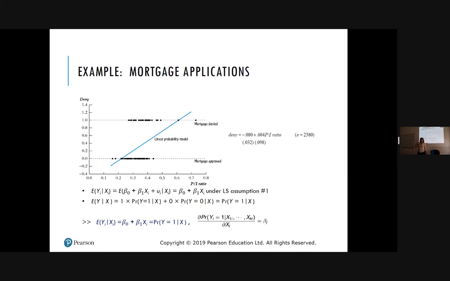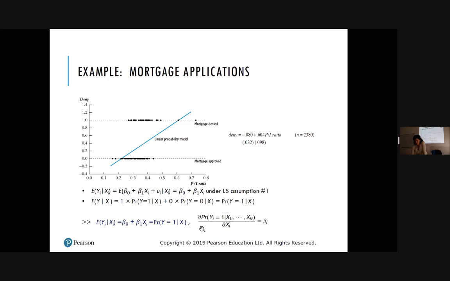So this is the interpretation that we are going to assign to the predicted y, so to the population regression line, and also then as a consequence the effect of a 1 unit change of x on y is the effect of increasing x by 1 on the probability that the application for the mortgage will be denied.